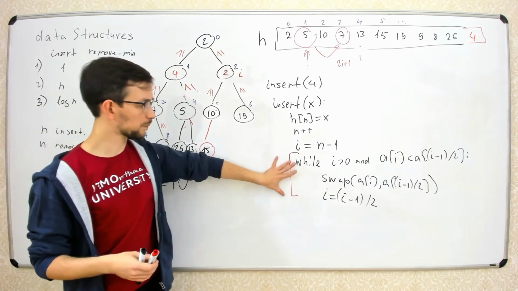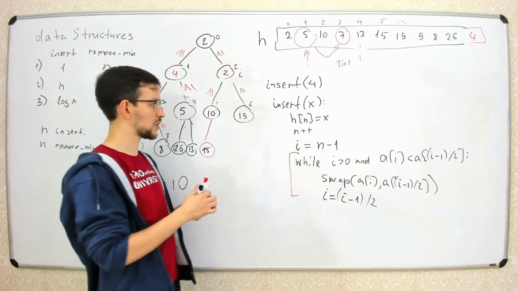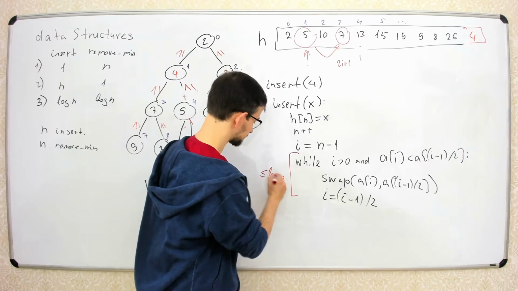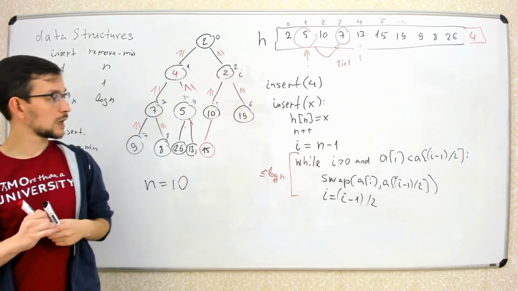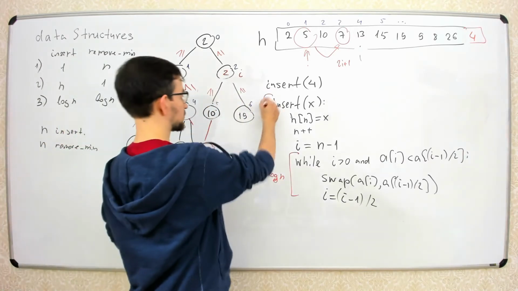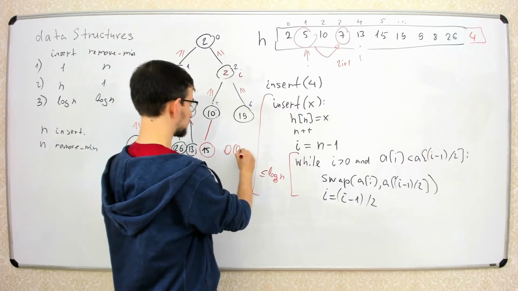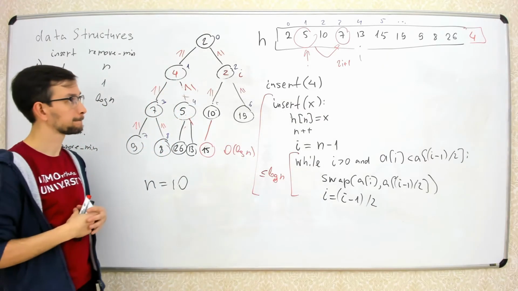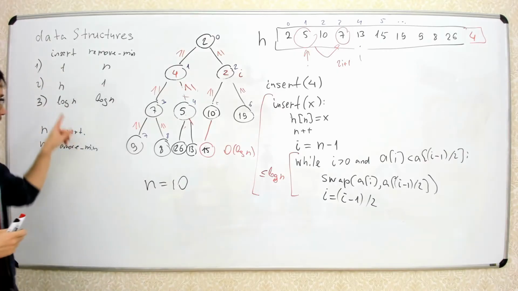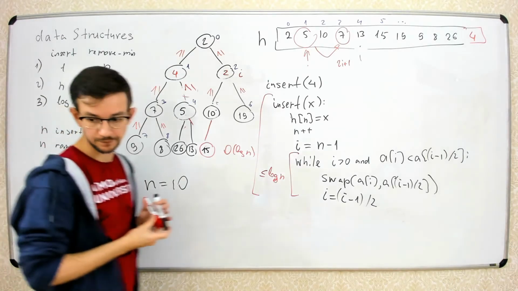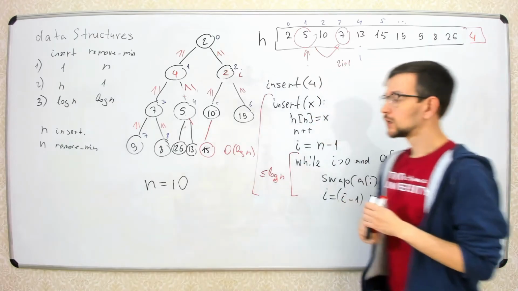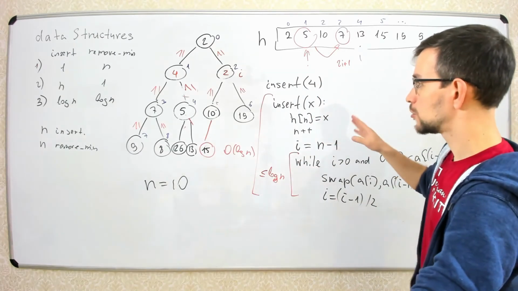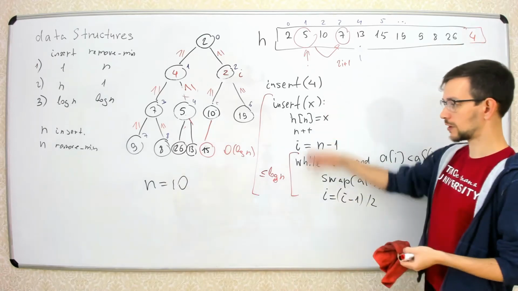So we have at most logarithm of n iterations here. So the total time complexity of this function will be big O of log n, as expected. That's how you insert a new element in a binary heap in logarithmic time.